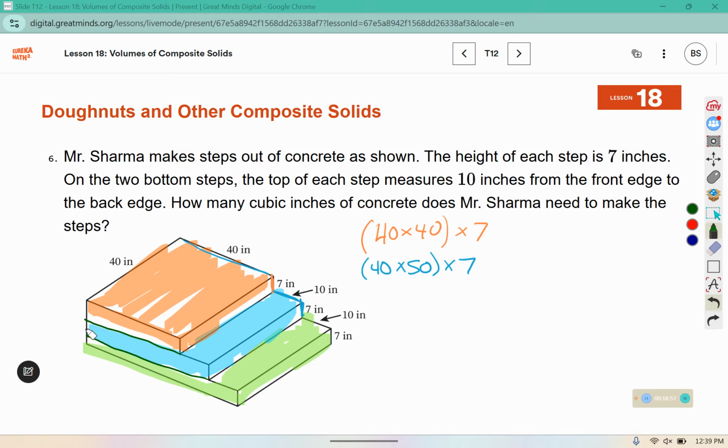And this green section, it was 40 to here, 50 to here, and then an extra 10, so now it's 60 wide and 40 across. But it is also 7 tall.